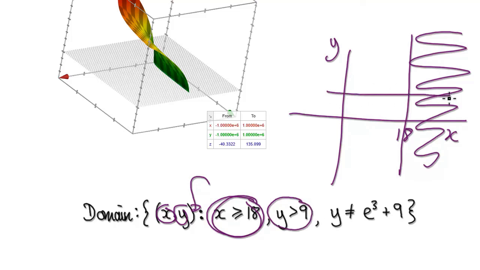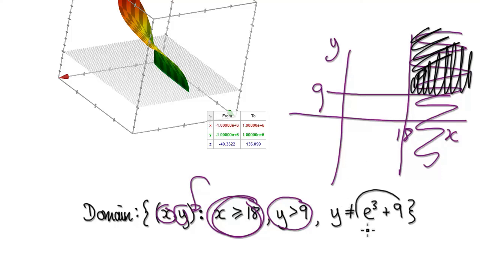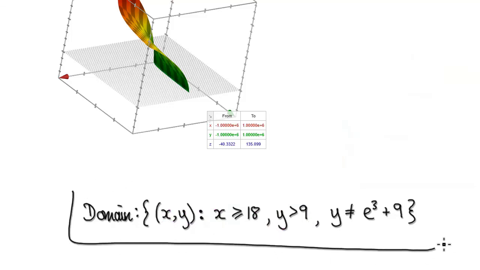So let's imagine this is 9 here. So we are talking about this region here. And then we need to make sure that y cannot be this constant. So there's a constant in here where y cannot be this line here. Okay, so this is our domain here.